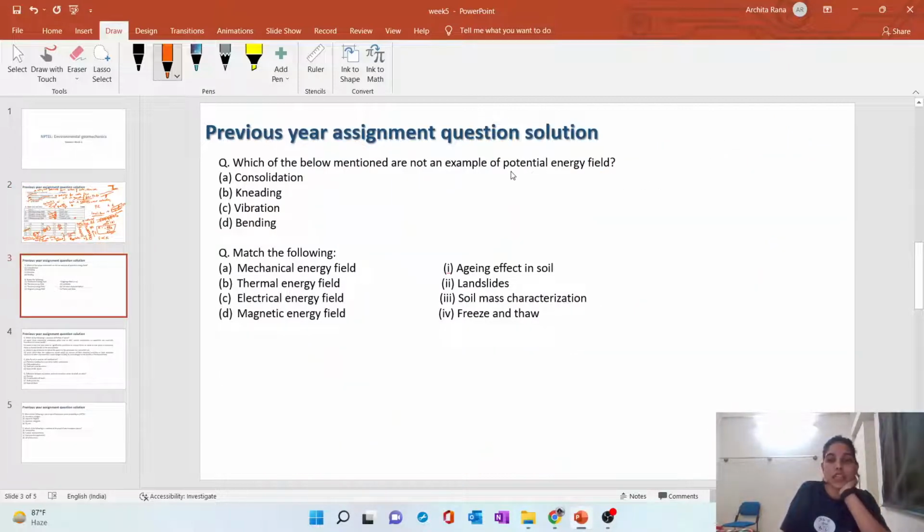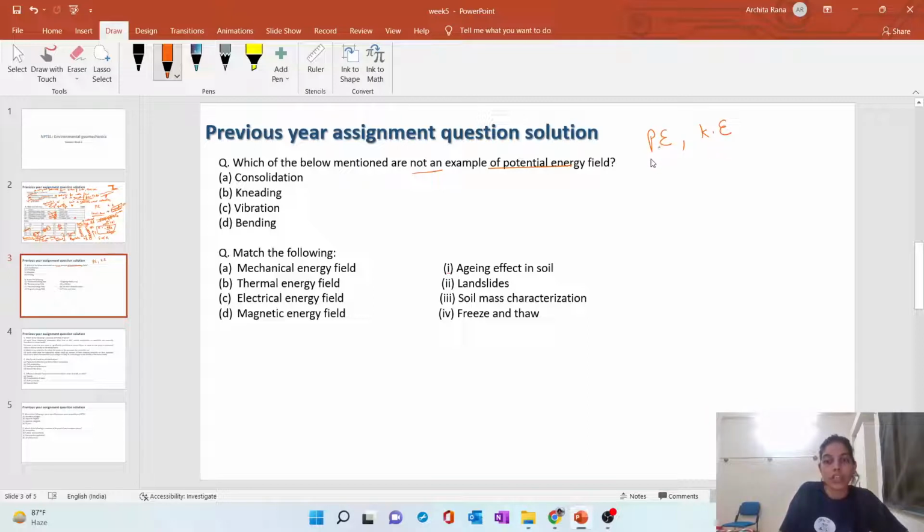Which of the following is not an example of potential energy field? In the first lecture of this week, Sir has defined some of the methods or processes which are examples of potential energy and some which are examples of kinetic energy.